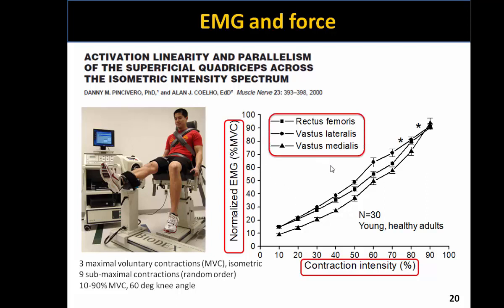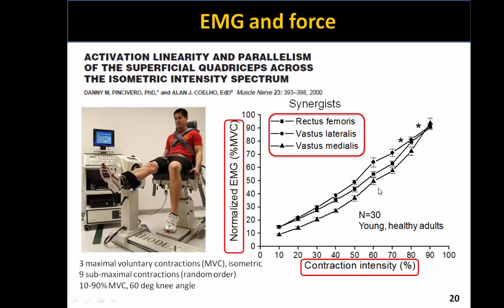And so what we see here are recordings from the 3 superficial knee extensor muscles, which act as synergists, so they all produce force to carry out the same function, and that's to generate knee extension. The clear illustration here is that as force increases, the recorded EMGs which occur during the production of those forces increase in a relatively proportional manner.